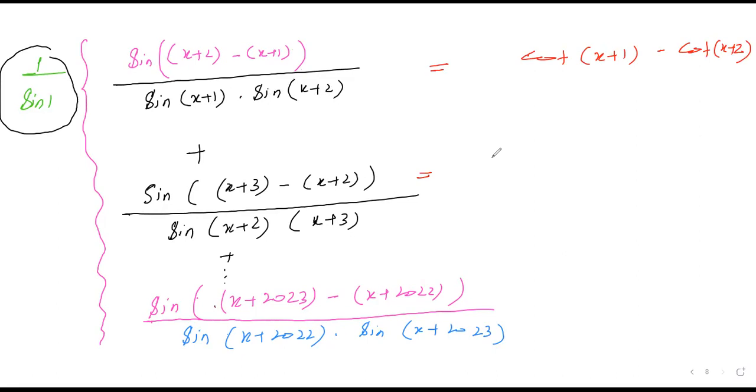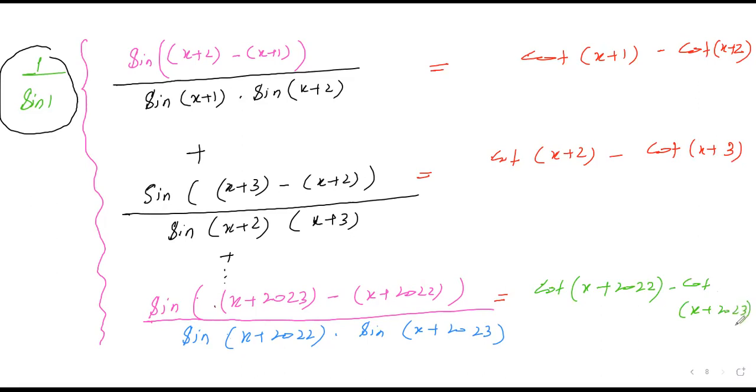Similarly, you will get cot x plus 2 here minus cot x plus 3. In a similar way, in the last term you will get cot x plus 2022 minus cot x plus 2023.